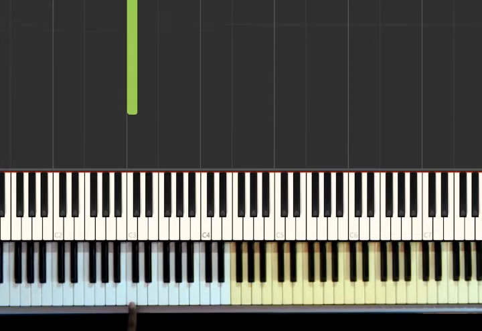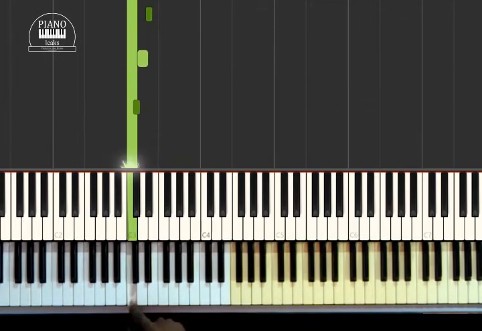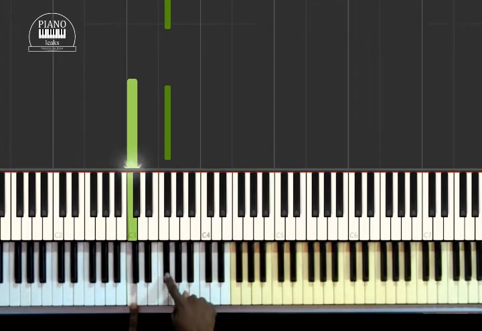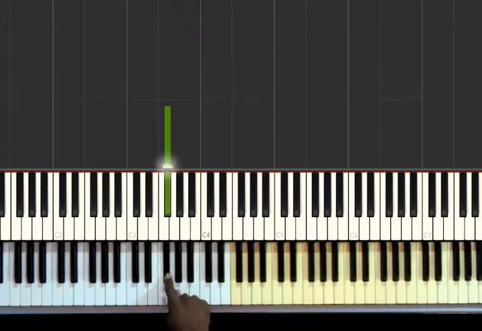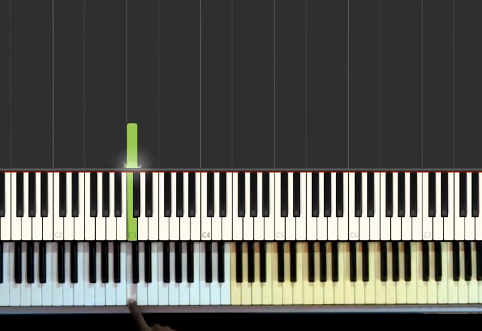Also, from C, 6 semitones away from C will be 1, 2, 3, 4, 5, 6. So F sharp is 6 semitones away from C. We can also say that F sharp is 3 tones away from C. Why?